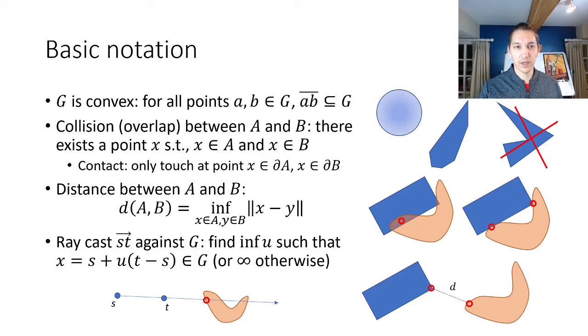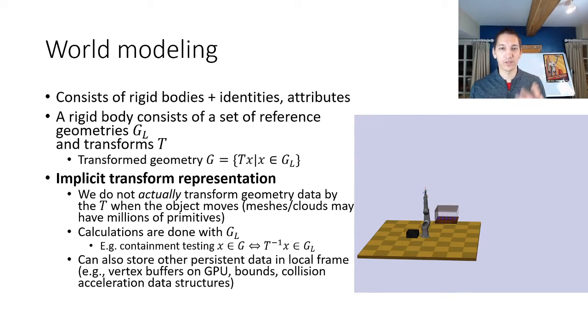Okay. So with that, we can start talking about different ways of modeling worlds. When we have a world that is, for example, a set of objects, obstacles, a robot, maybe multiple robots, we typically represent these as collections of rigid bodies.